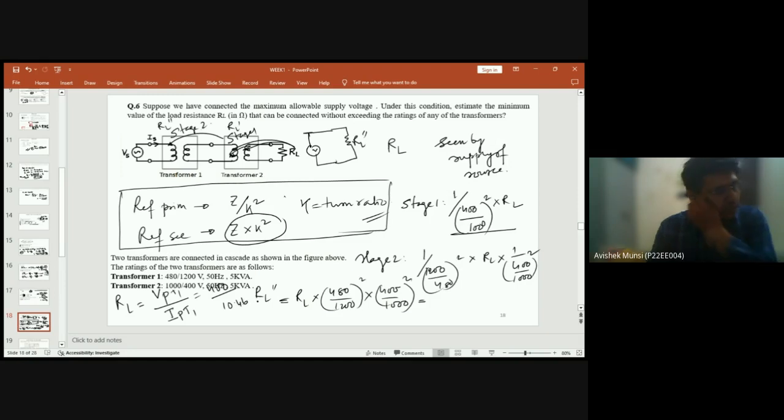If we know the value of RL, then we can calculate RL double dash. If we calculate it, it will be around 38.40 ohm. So multiply it with this and tell me the answer.